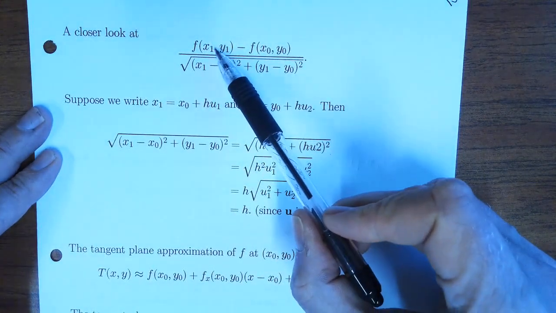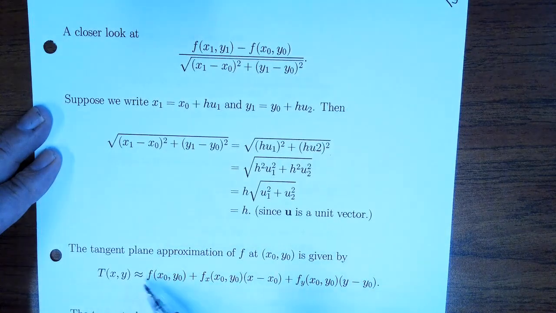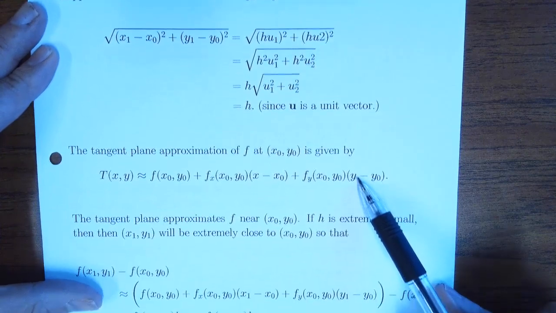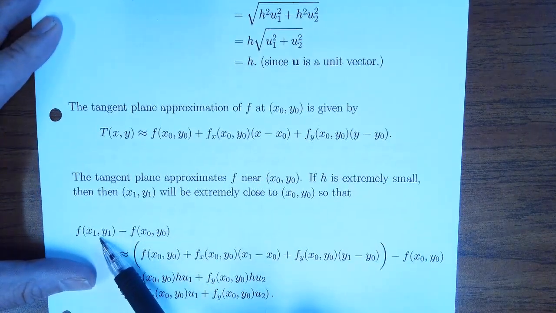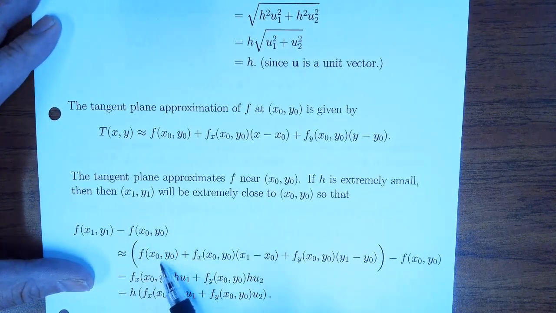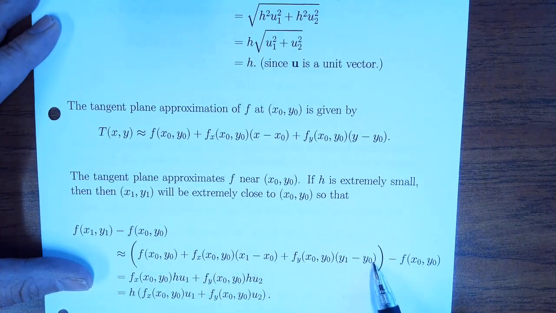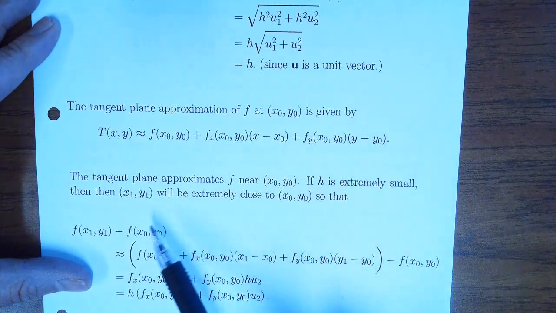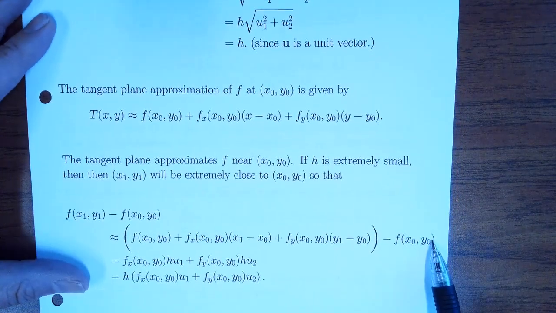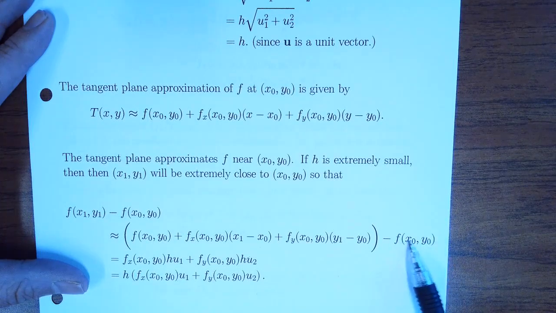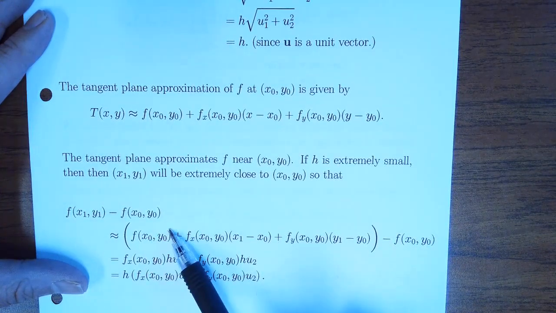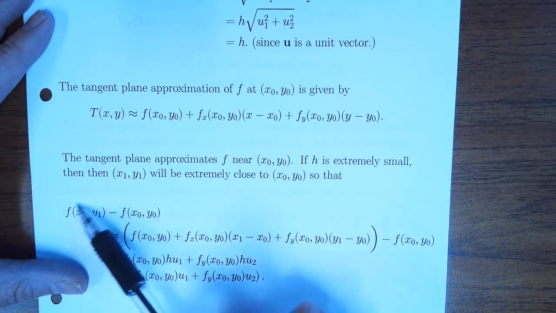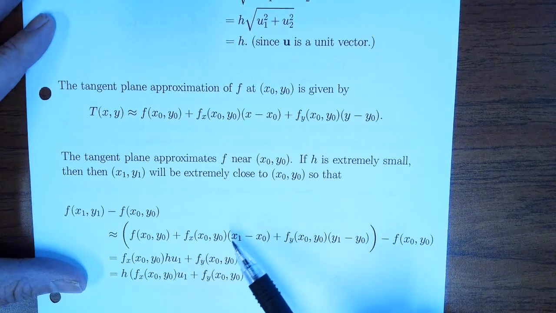So I'm going to take x1, y1, and substitute it into the tangent plane formula. Now, there's going to be some cancellation. Here's f of x1, y1 minus f of x0, y0. This is what I get when I substitute x1, y1 into my tangent plane formula, minus f of x0, y0. Now you can see how this quantity and that quantity are going to cancel. And this is approximately equal to, because we replace this quantity with its tangent plane approximation.